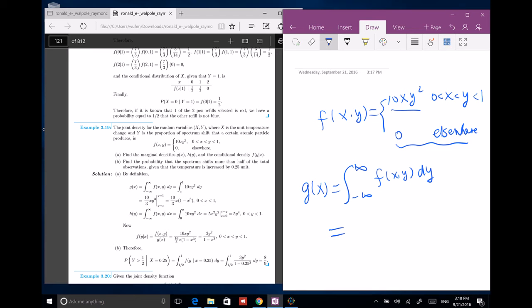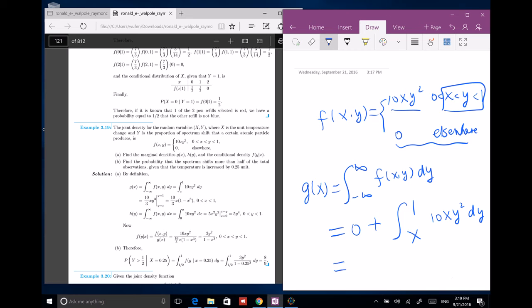So the boundary: anywhere else, if it's not between 0 and 1, it is 0. So it's going to be just a 0 plus, and for g(x), because y is bigger than x and less than 1, it's from x to 1. Then f(x,y) is 10xy squared, dy.